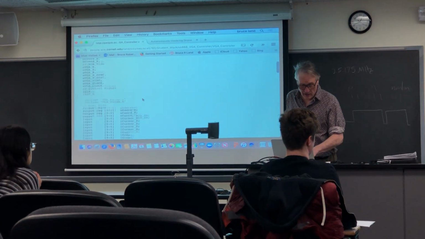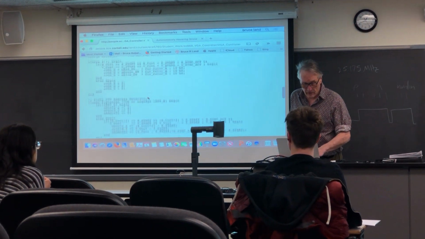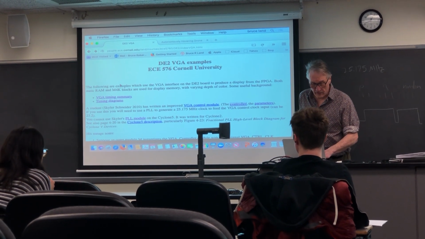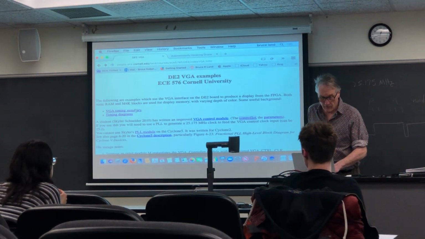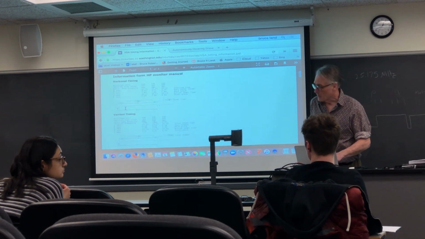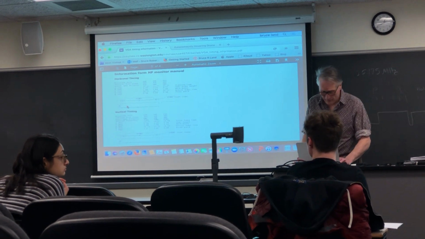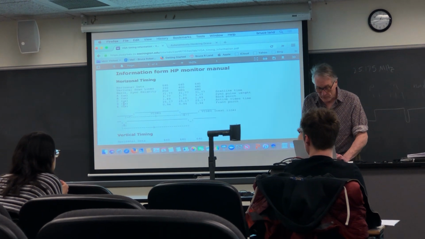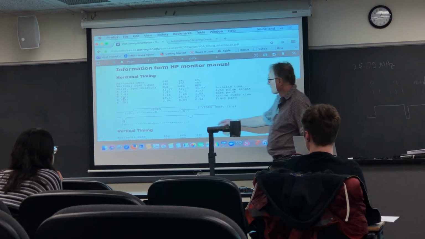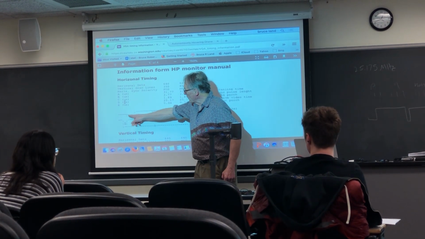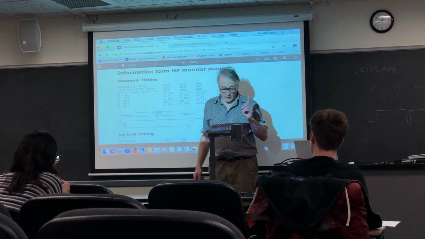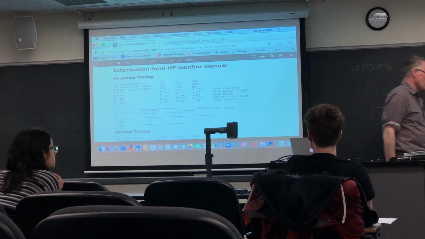The contents of this VGA controller are really just a state machine that steps through the timing requirements for VGA. Horizontal timing is: you have a time when the horizontal sync is low, and no video, no memory accesses are required.